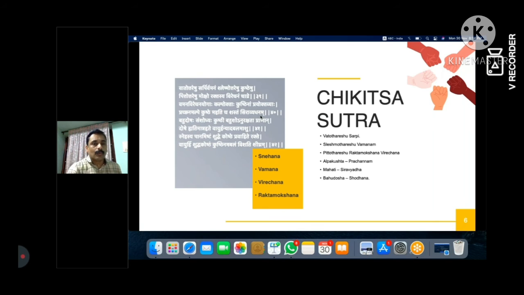Vayurhi Shuddha Koshtam Pushtinam Avalam Ishati Shikram. So in the Shuddha Koshta, the nature of Vata is, as you know, whenever there is some avakasha, some gap, the Vata tends to get filled in that place. Similarly, when Koshta Shuddhi is done, or the body is purified with Vamana and Virechana, or doshas are eliminated out of the body, there will be some avakasha or ashaya created.